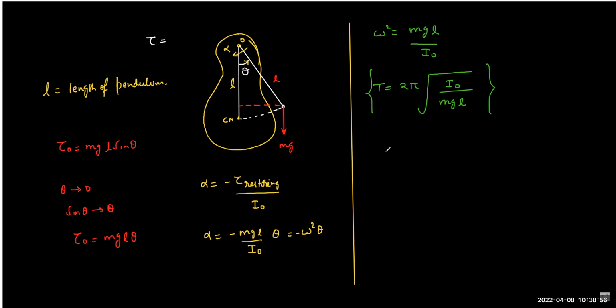Also, in case you don't know I naught, you know ICM, you can apply the parallel axis theorem. So I naught we can write as ICM plus ML square, and in general, if we write ICM equals to MK square, because K is the radius of gyration.